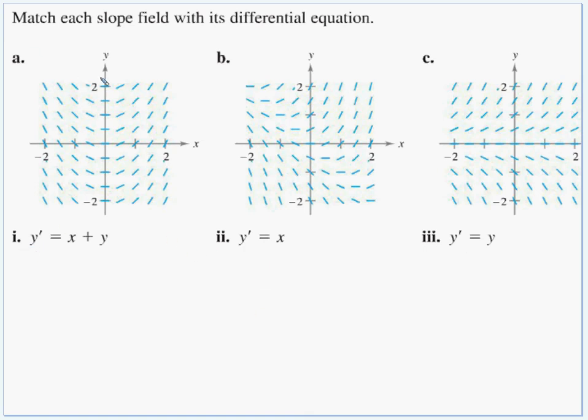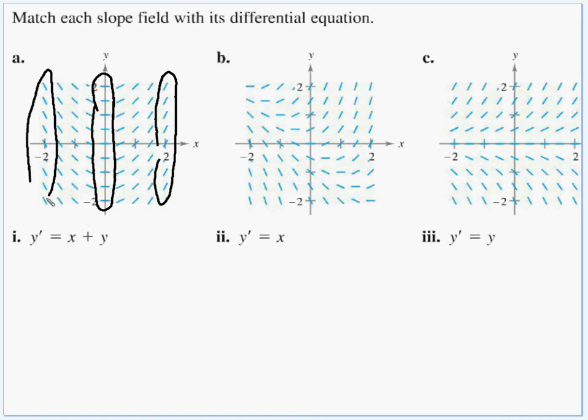I'm looking at letter A here, and notice all along the y-axis, all of those are horizontally sloped, 0. If I come over here, they're all very steep, parallel as I look up and down the columns. So this is my x-coordinate. My x-coordinate is -2. All my lines are steeply sloped.